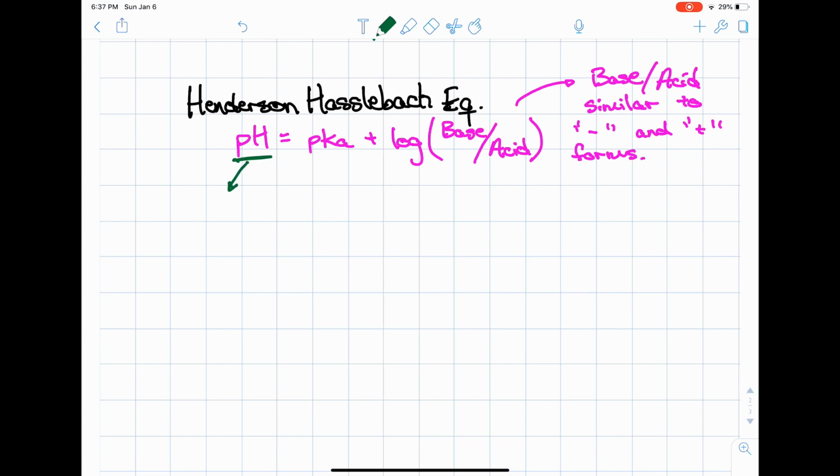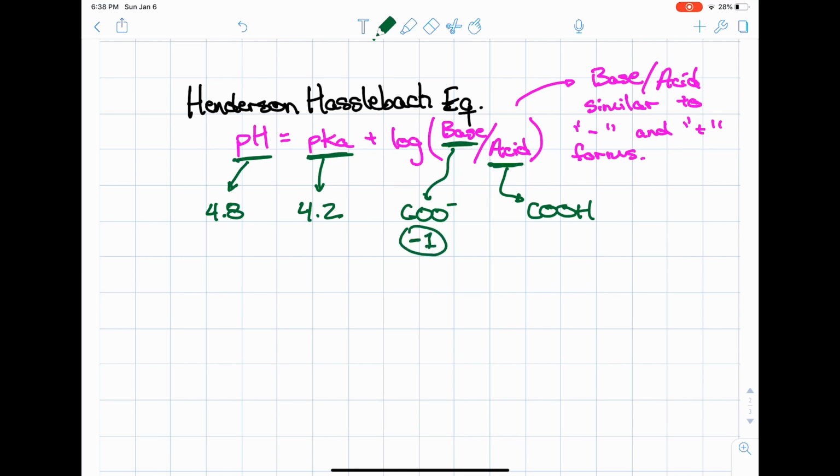Many of the values are given, so we simply have to substitute those numbers in. The base form of glutamic acid's R group would be a COO-, which has a full negative charge, and then the acid form of the R group would be a COOH, which has no charge.